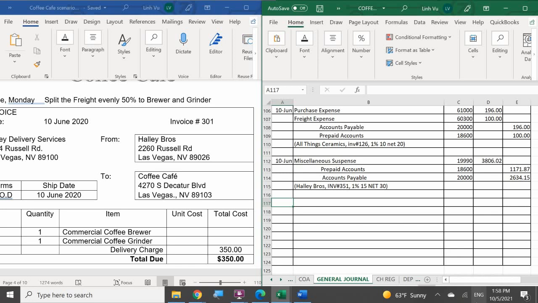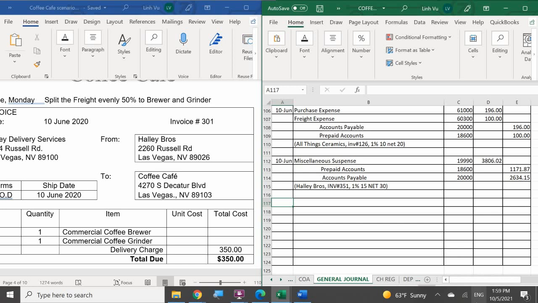This is a third party vendor that has nothing to do with Halle Bros themselves, right? This is Valley Delivery Company. In this case, they're the ones delivering the machines to your store. So you are obligated to make a payment to them because they are a separate shipping company from Halle Bros itself.